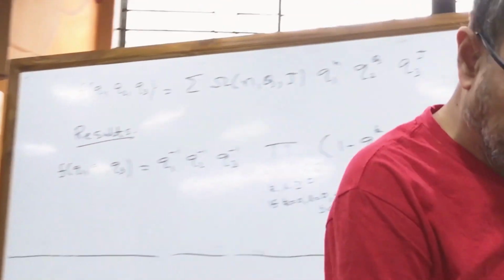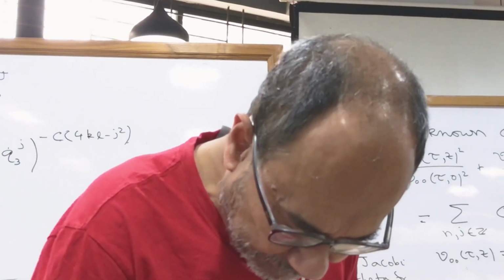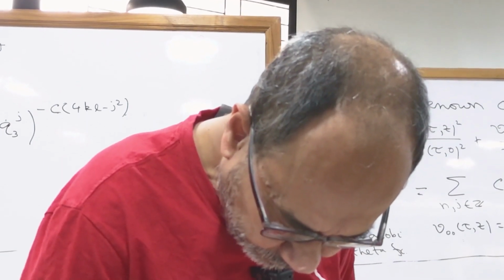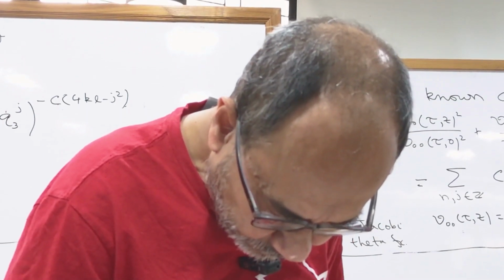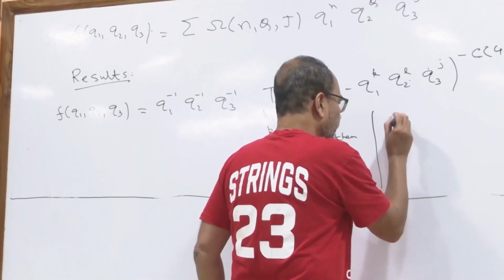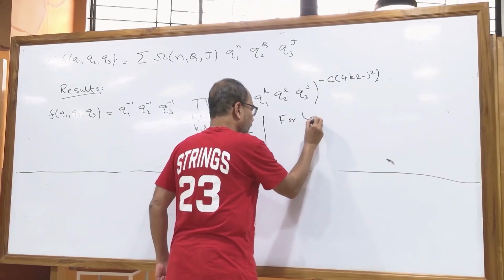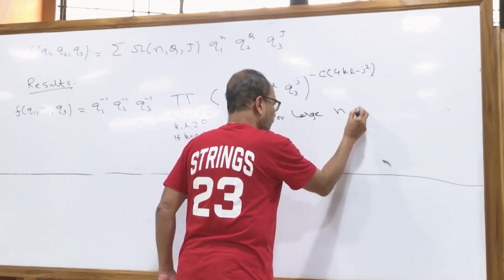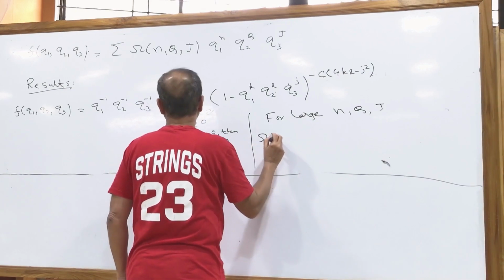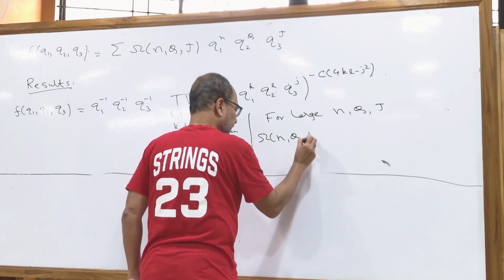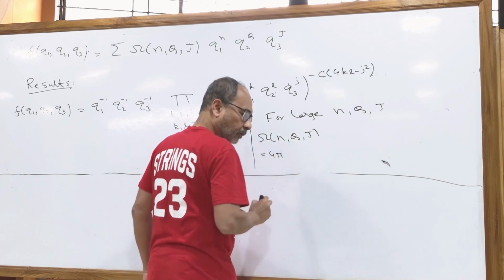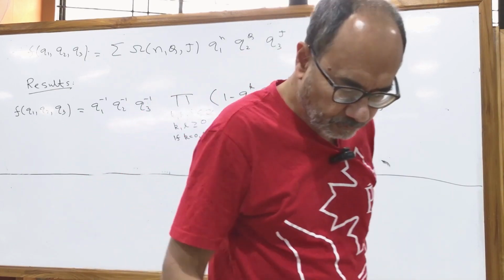And maybe I'll just give the asymptotic expansion. For large n, q, j, omega n q j goes as 4 pi, or 2 pi, I think.